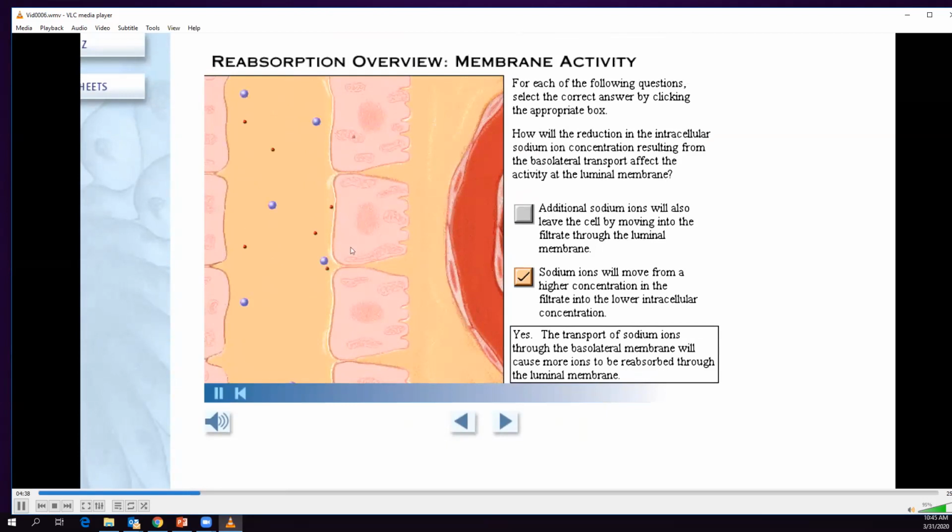Yes, the transport of sodium ions through the basolateral membrane will cause more ions to be reabsorbed through the luminal membrane. Okay, so what two things did I just reabsorb in that picture? Somebody?